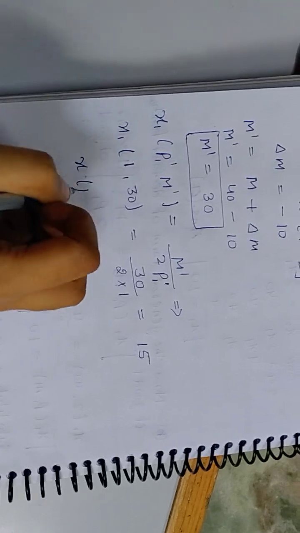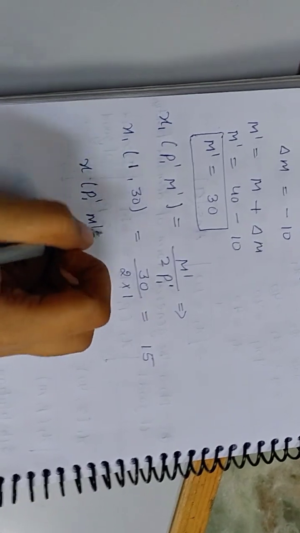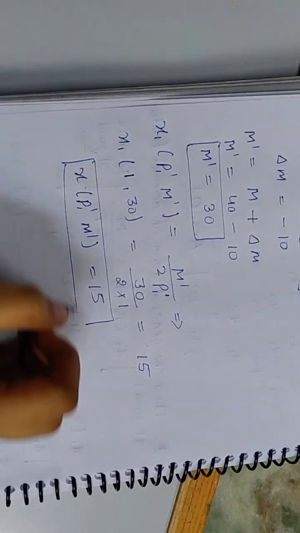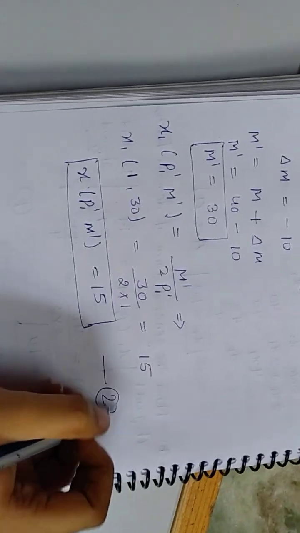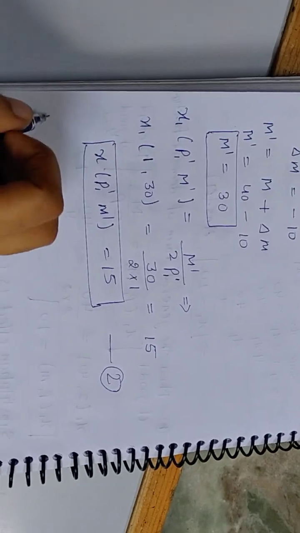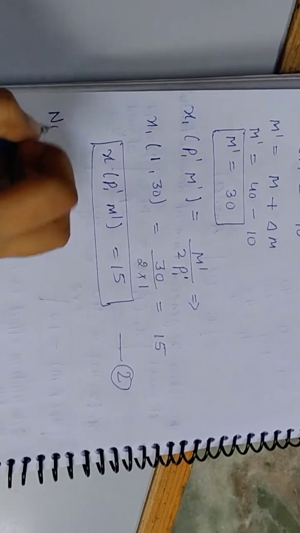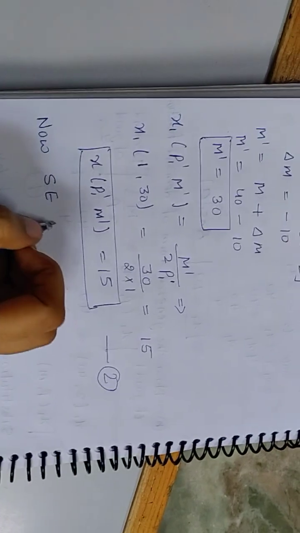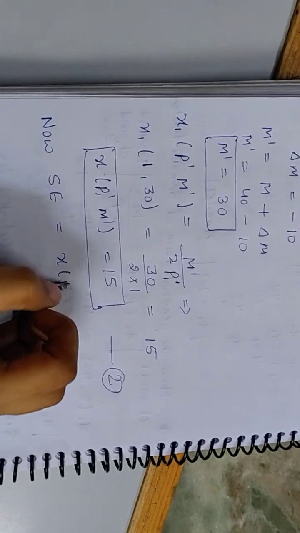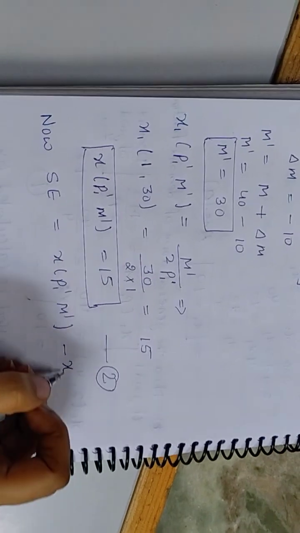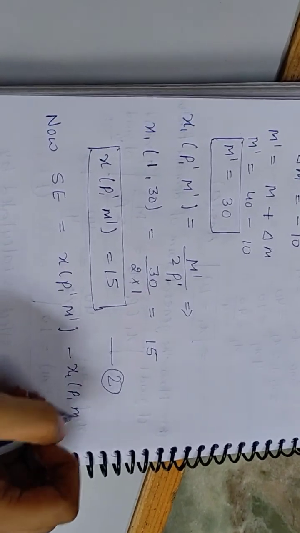So x at p1 dash and m dash would be 15. This is marked as equation 2. Now substitution effect would be x(p1 dash, m dash) minus x(p, m).